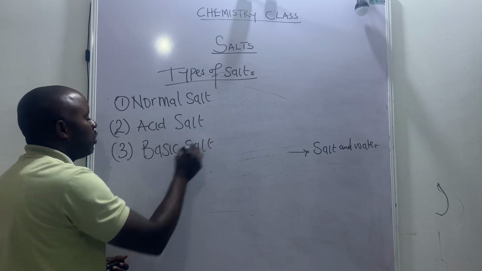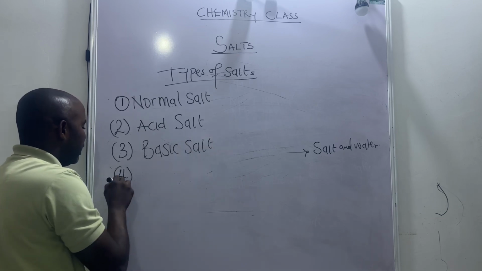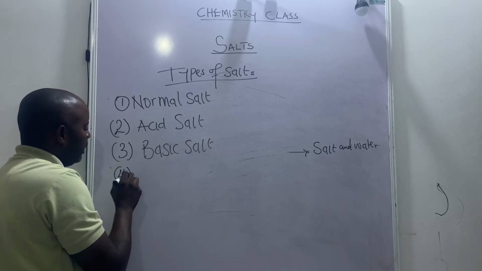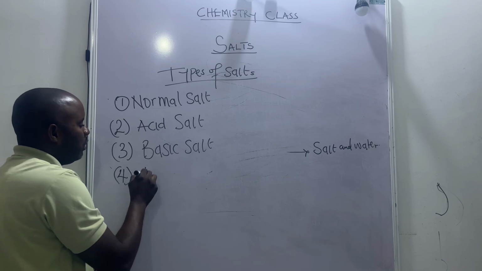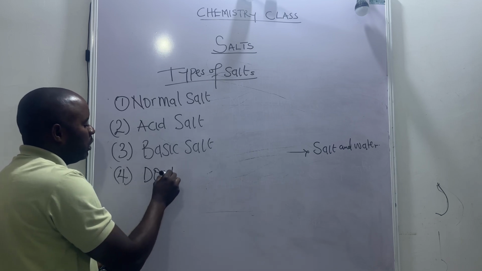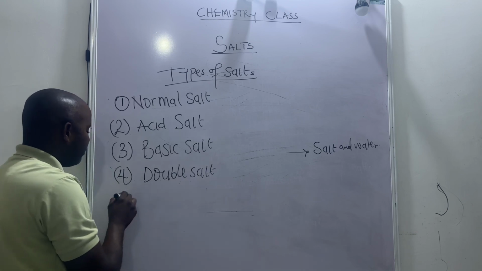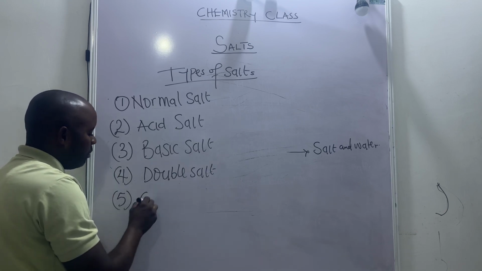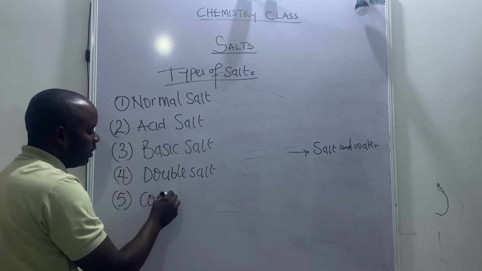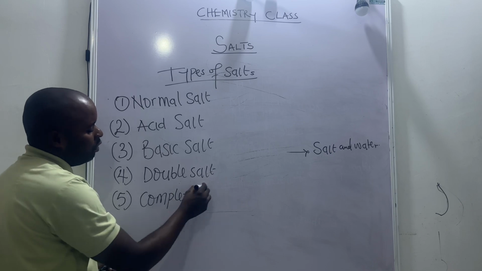Each of these salts will be explained vividly. 4, we have the double salt. 5, we have the complex salt.